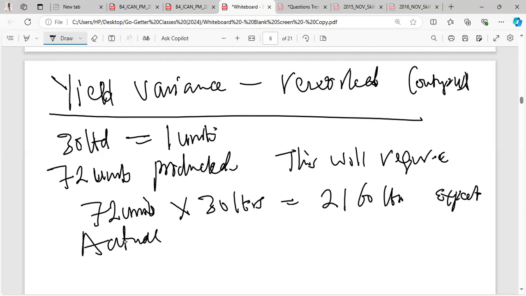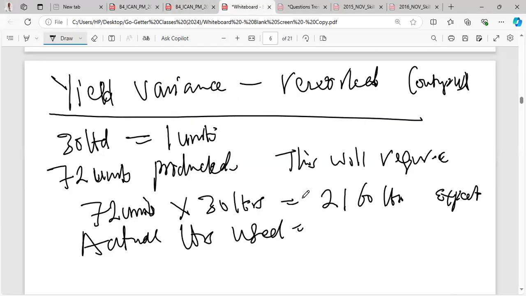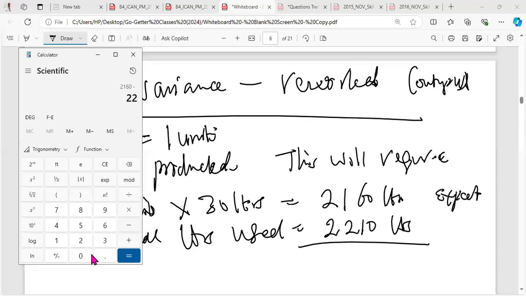Actual liters used. How many was the actual liters used? 2,214 liters. Okay, I see. This should be 2,160 minus 2,214.